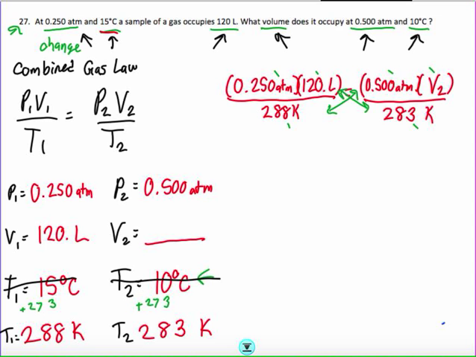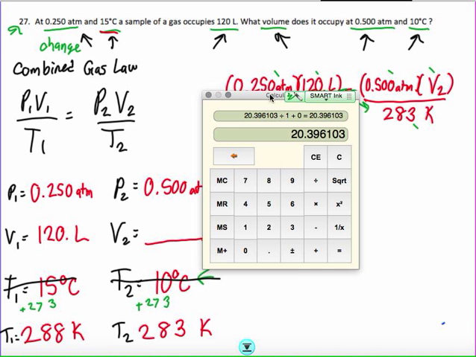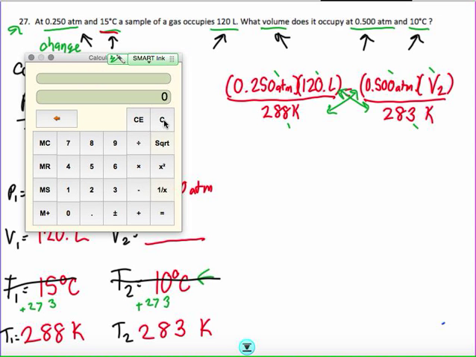I'm going to enter it slowly onto the calculator. 0.250 times 120 times 283 equals 8,490.